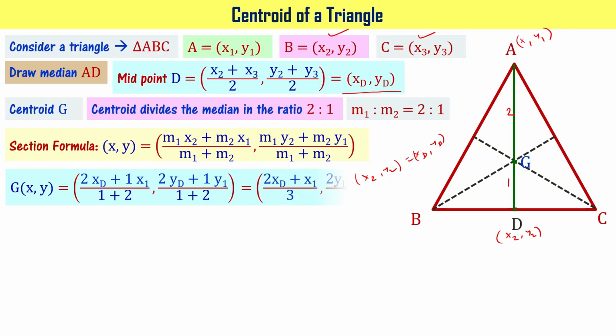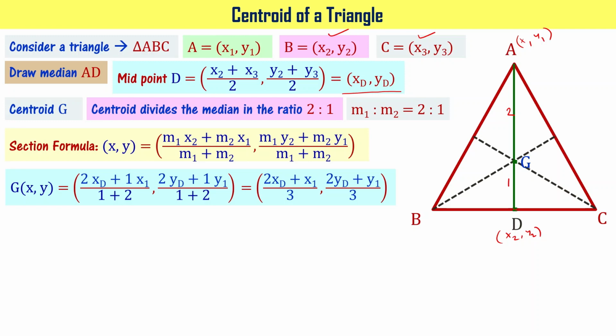Let me simplify this. When I simplify, what I'm getting here is 2 times xd plus x1 by 3 comma 2 times yd plus y1 by 3, right?